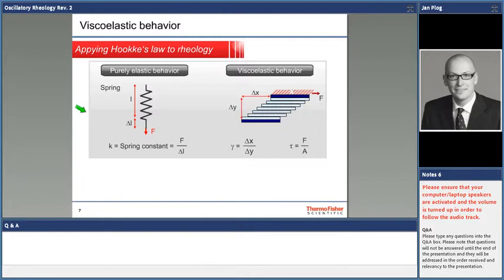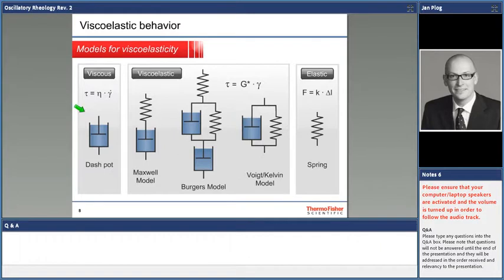Okay. So the question is, how can we model those? I don't want to go into too much detail here, but when we talk about creep recovery, we dig into that slightly deeper. When we model purely viscous behavior, you usually use the dashpot.